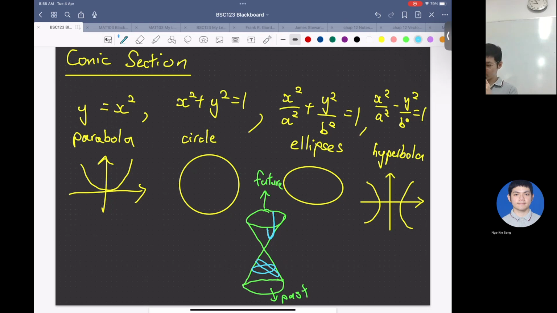So you slice up top and bottom together. It's like this. So you cut through. Make sense? Okay, let me remove it.